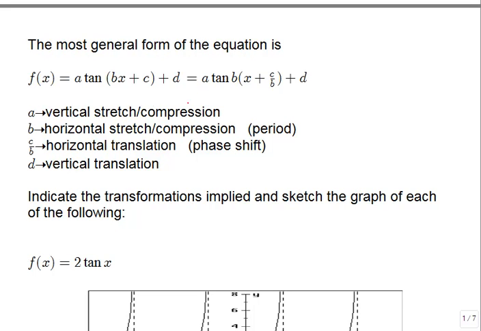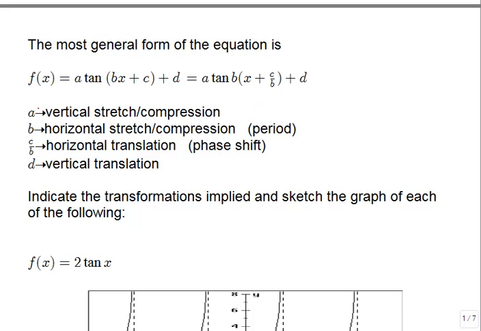The a is going to affect your vertical stretch or compression. There really isn't what you would normally think of as an amplitude for sines and cosines. There really isn't one necessarily for tangents because the graph shoots all the way up and all the way down. However, the a does affect how steep and how flat it is.